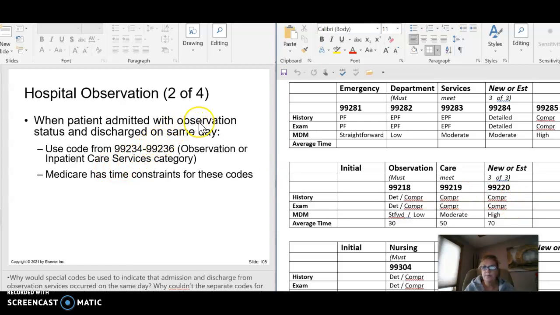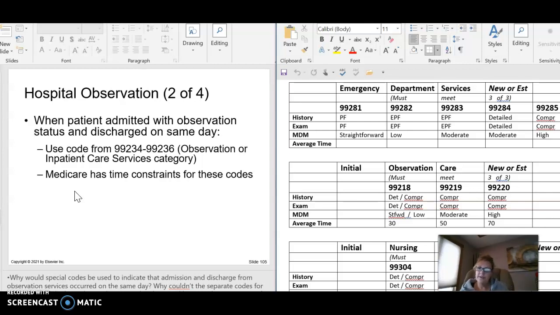When the patient is admitted with observation status and then discharged on the same day, there are different codes for that. These are 99234 and 99236. So go ahead and look at those in your CPT book. As you can see, they need 3 out of 3 key components too. Let's say that a patient was admitted at 1 a.m. into observation, and later at 2 p.m., the doctor says we're going to discharge you from observation.